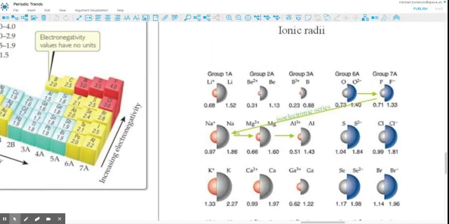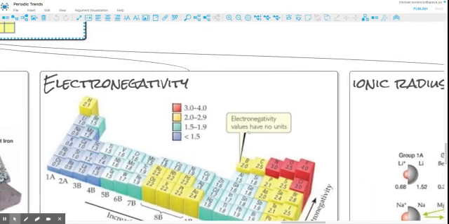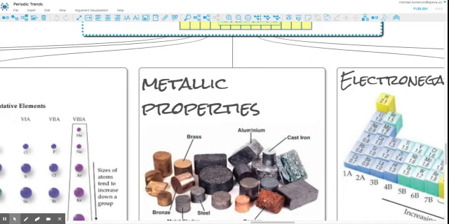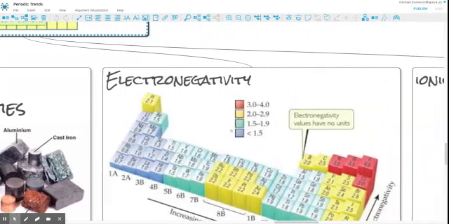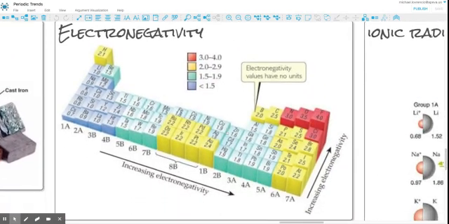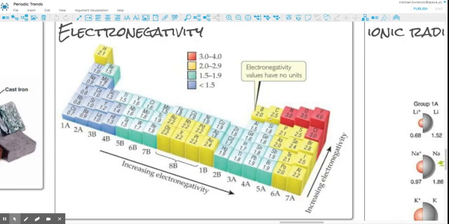So, some other things. Electronegativity we've talked about. Remember, electronegativity is the only periodic trend that relates to how well elements are attracted to electrons in a chemical bond.